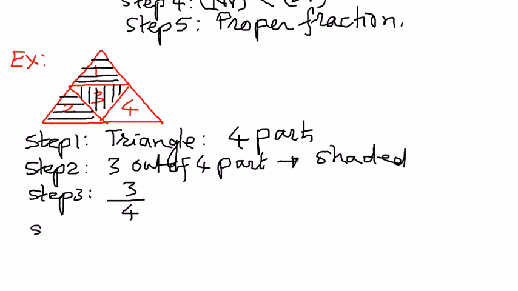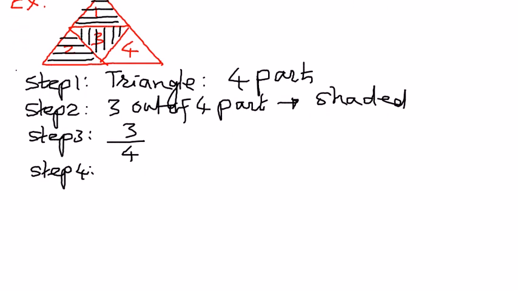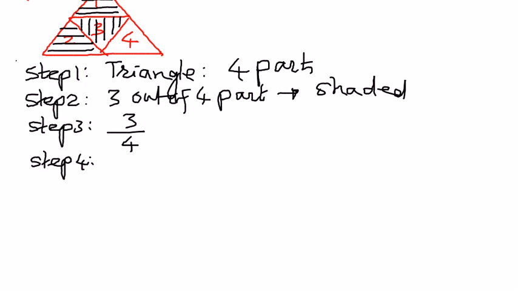In the 4th step, we're going to make a decision by saying that since the numerator, which is represented as NR, is less than the denominator, which is represented as DR, the numerator is 3 and the denominator is 4.